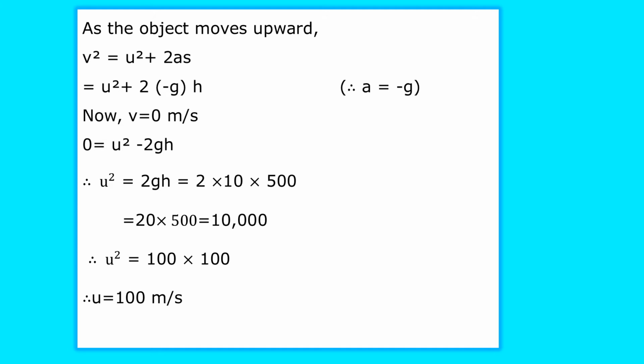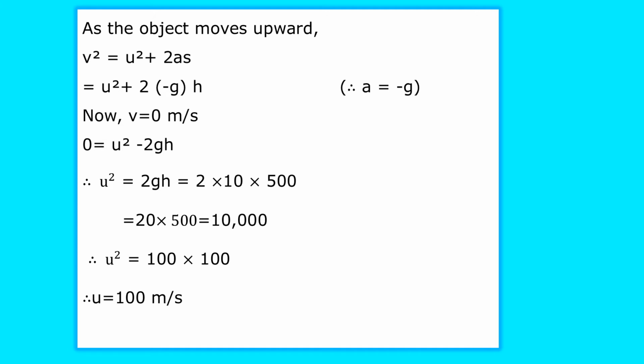So u square is equal to 2gh, that is equal to 2 × 10 × 500. So 2 tens are 20 into 500, so it will be 10,000. So therefore u square is equal to 10,000. But here, children, we have to calculate the square root. So this 10,000 I can write as 100 into 100.